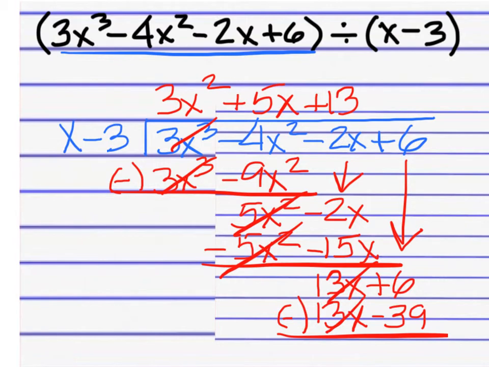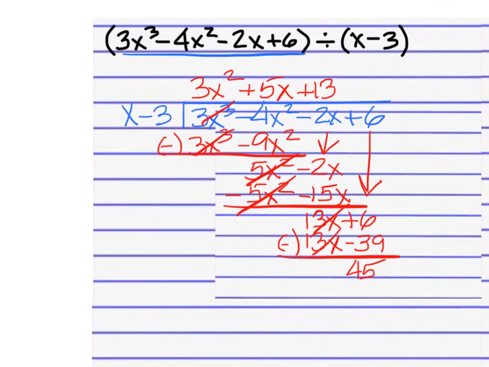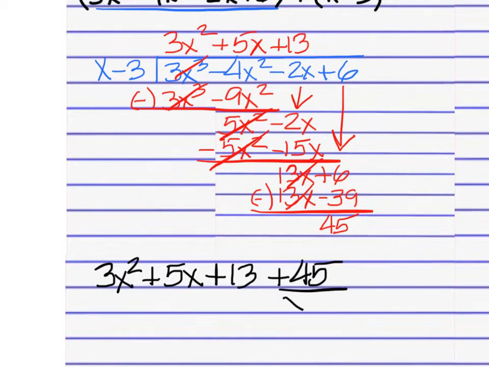Subtract, cancel. 6 minus a negative 39 is 45. Nothing left to drop, so our answer is 3x squared plus 5x plus 13 plus 45 over x minus 3.